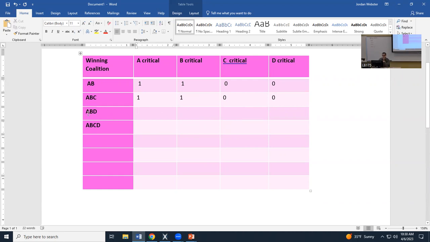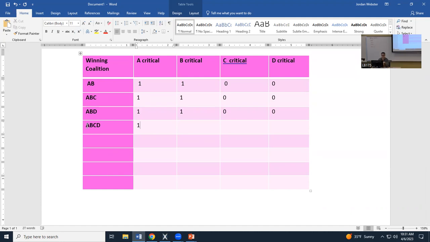Similarly, A is needed in the winning coalition A, B, D. B is needed in the winning coalition. D is not. Obviously, neither is C. And in the last one, the unanimous vote, it turns out A is still needed.